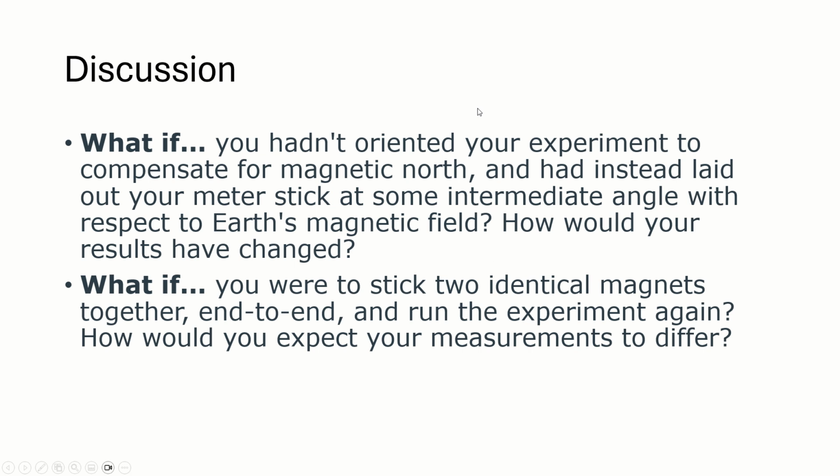The reason that's important, and also the first what if question, is basically if you didn't compensate for magnetic north, you wouldn't be compensating for Earth's magnetic field. So that would make the results inaccurate because the strength of Earth's magnetic field is relevant to the total B net.